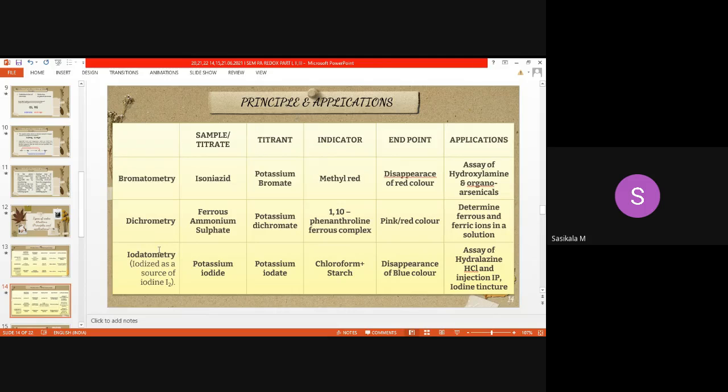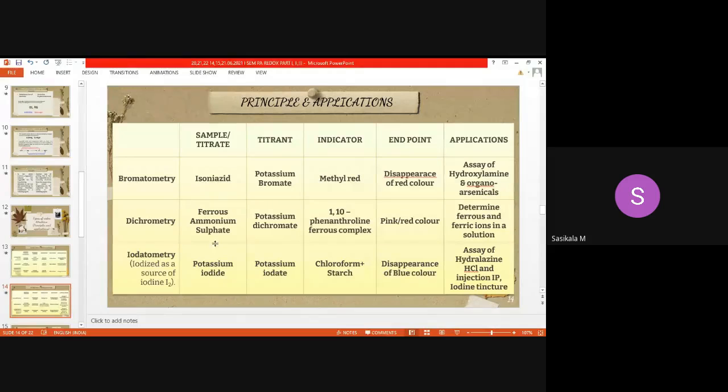Here the sample is iodized as a source of iodine only, where potassium iodide will be directly titrated with potassium iodate. Iodide salts will be titrated with iodate, potassium iodate. Iodate is an oxidizing agent, bromate is also an oxidizing agent, while potassium bromide and potassium iodide are reducing agents.